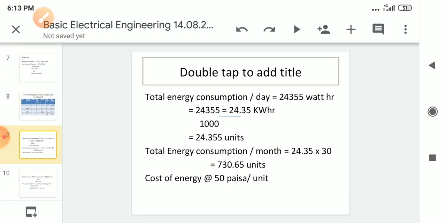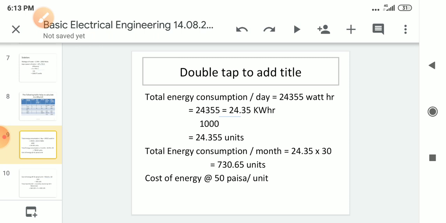So divide this by 1000, which gives 24.355 units. Right. How many days are there in a month? 30 days. So this units into 30 gives the total energy consumption per month.